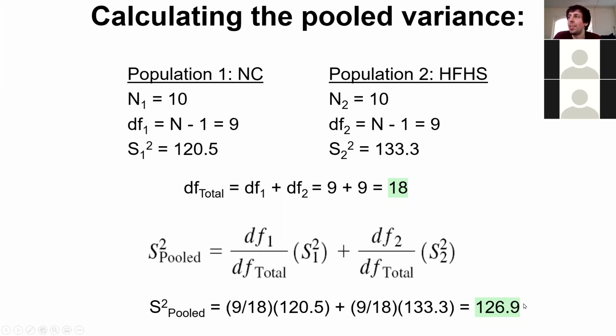I highlight this in green because I want you to pay attention to how it's pretty much exactly halfway between our estimate of the variance of population 1 and our estimate of the variance of population 2. It's almost like you're averaging together the two estimates of the population variance into a single measure. And that's exactly what we need to do for the sake of the assumption that both populations have the same variance for the rest of the problem.